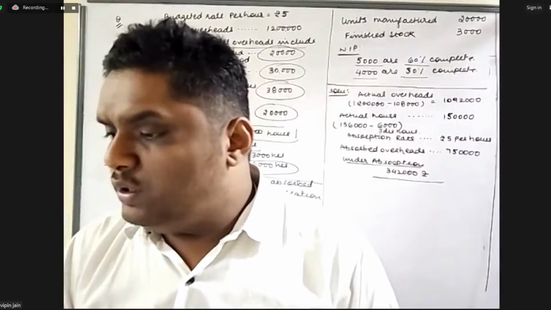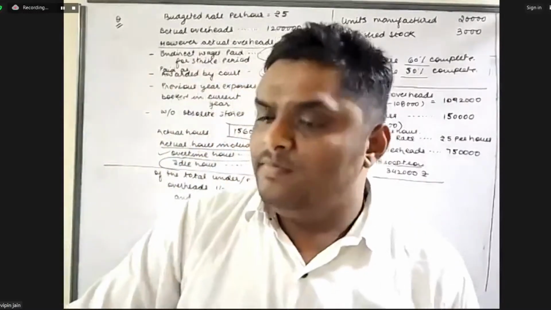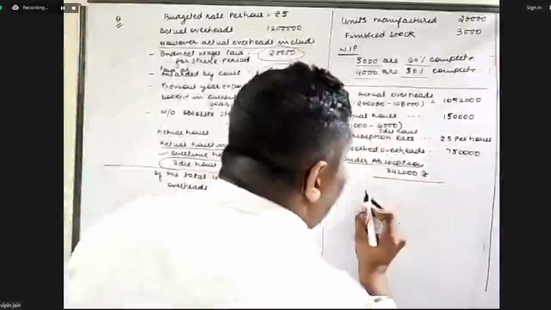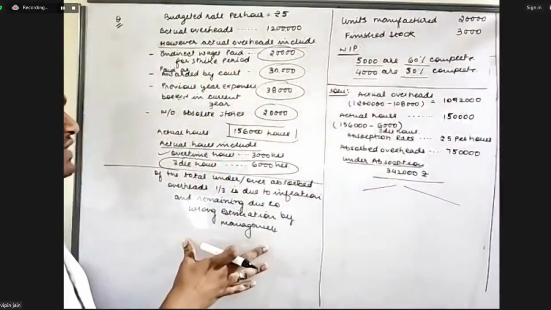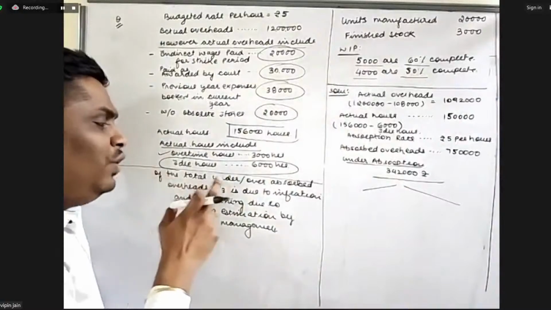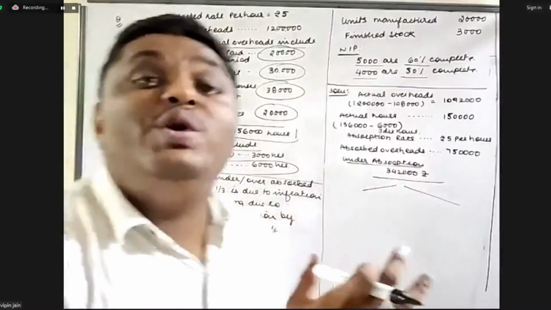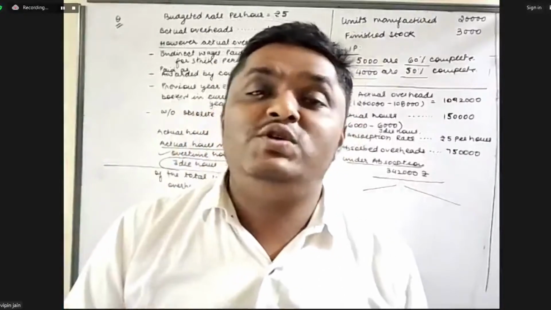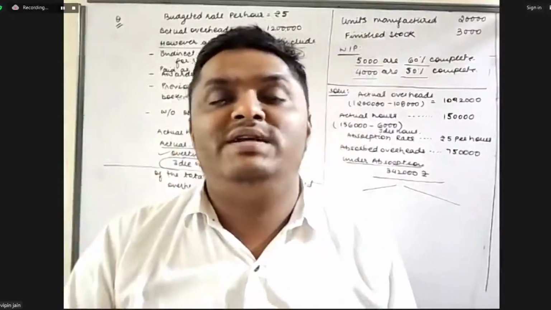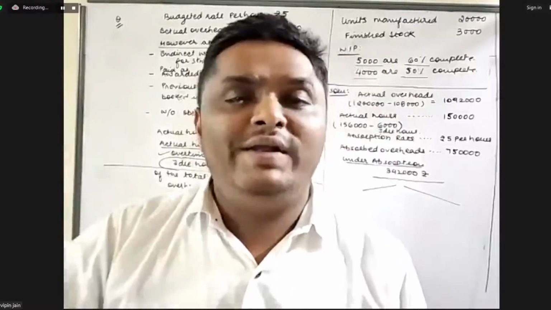No worries, that's okay. Now, very important point, a language twist in this question. Of the total under or over absorbed overheads, 1/3 is due to inflation. Very important, guys. In the questions we did so far, it was 1/3 and 60% due to wrong estimation or lack of planning or whatever the reason.